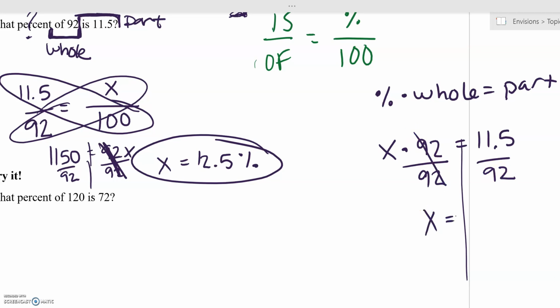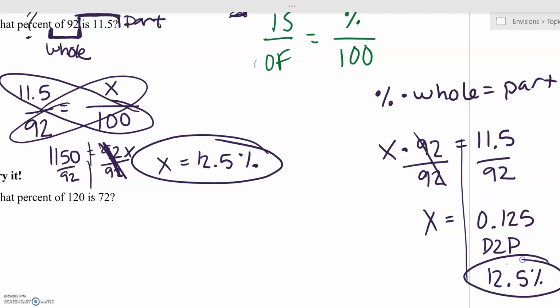Now when I type in 11.5 divided by 92 in my calculator, it's going to read 0.125. So this is not my percent. That's the decimal form of my percent. So I need to remember D2P so that I get 12.5%. So when you use the equation, you have to make sure that you're converting between decimals and percents. When you use the proportion, you do not have to worry about that step.